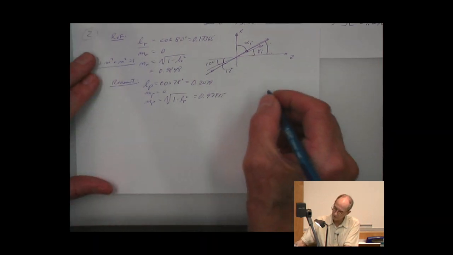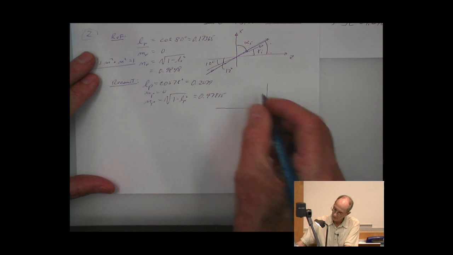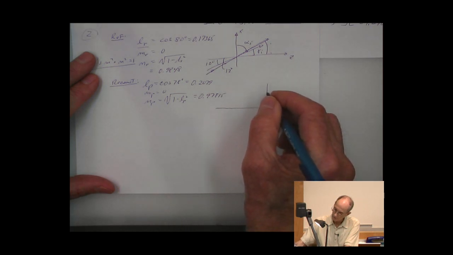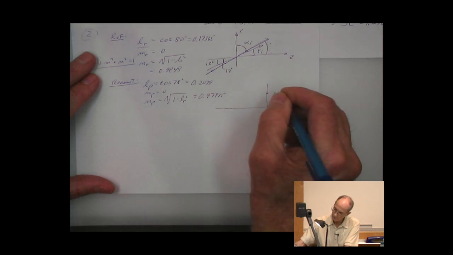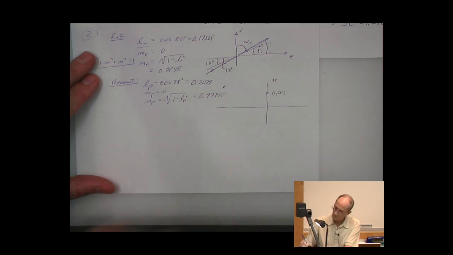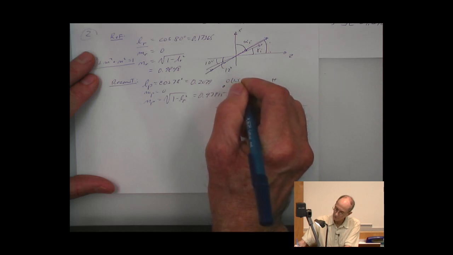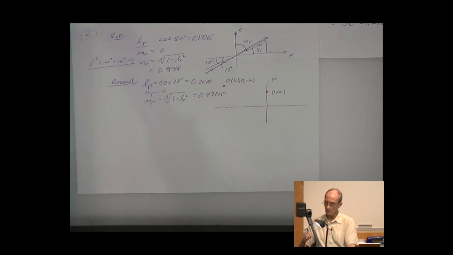Now, let's look at the object wave. This one caused a little bit of problem for a few of you because the point is at 1, 0, 0 on the hologram plane, but the object point is at 1.5, 0, and minus 10.